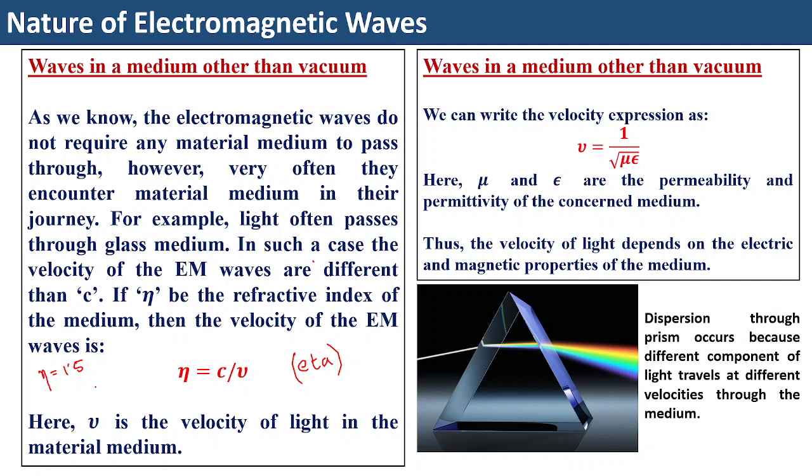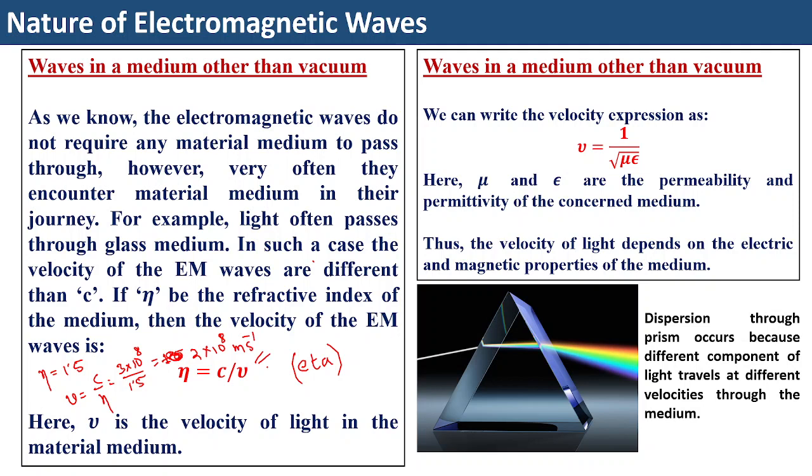So the velocity will be c upon eta, that is 3 times 10 to the power 8 divided by 1.5. 3 divided by 1.5 is how much? That's 2 times 10 to the power 8 meter per second.